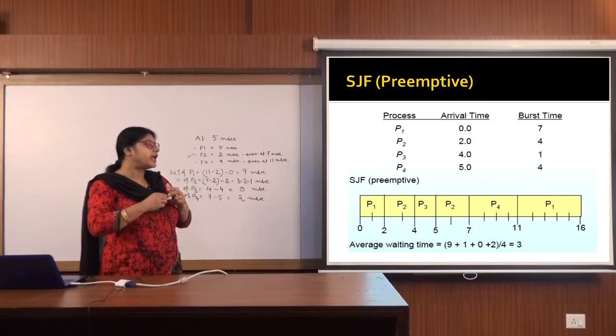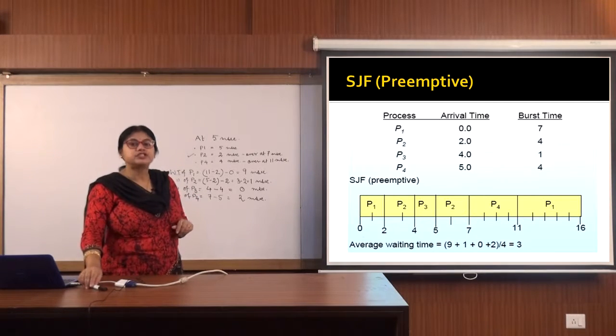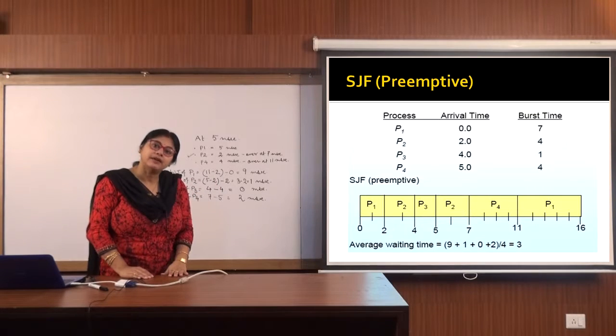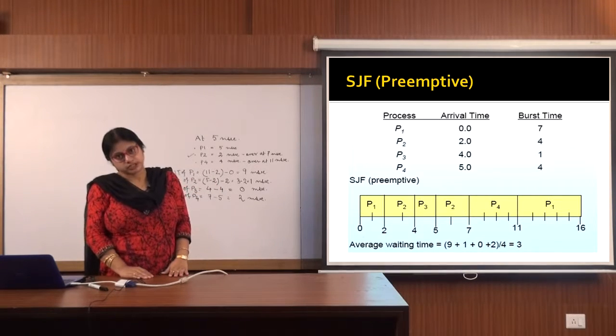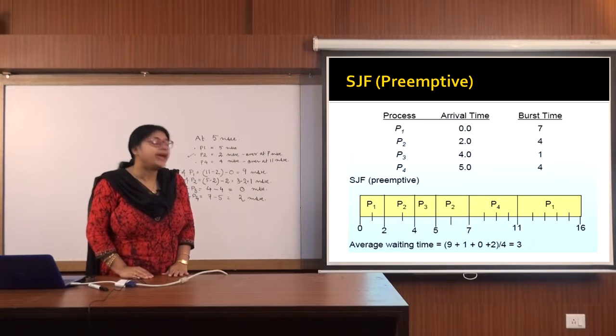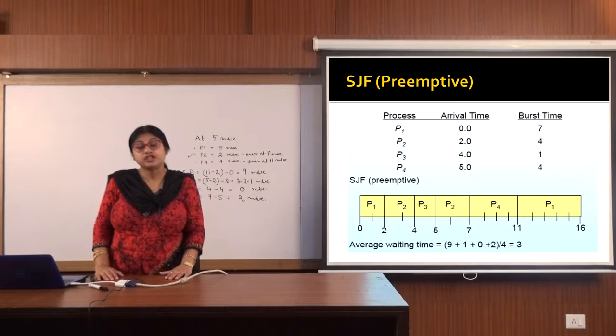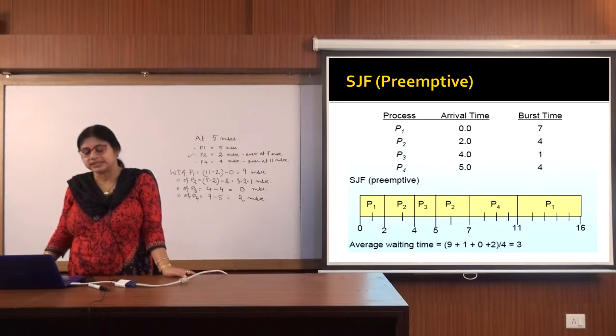So to find out the average waiting time, I have to sum up 9 plus 1 plus 0 plus 2, and then divide it by the number of processes, that is 4, and I am getting the average waiting time 3 millisecond, which is lesser than the previous case.